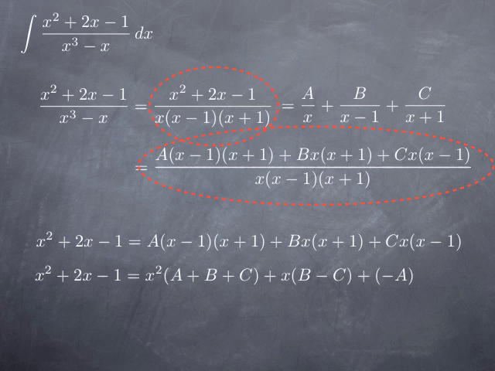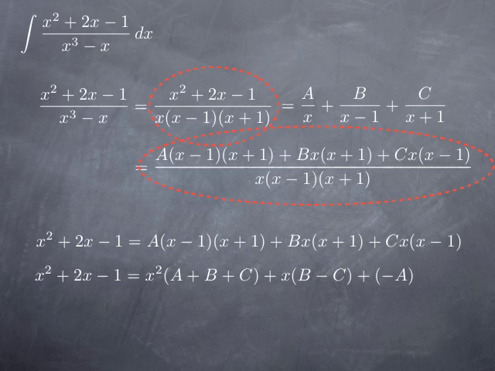Now I have an equality between two polynomials, and the only way this can happen is if they have the same coefficients for the terms of corresponding degree. In other words, I need the coefficient of x squared on the right-hand side, which is a plus b plus c, to be equal to the coefficient of x squared on the left-hand side, which is 1.